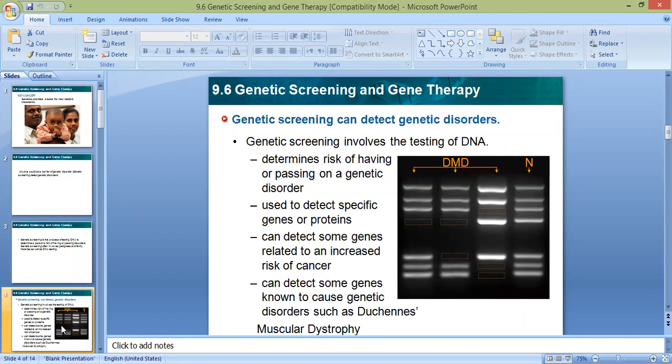It involves testing of DNA by using electrophoresis. It determines the risk of having or passing genetic disorders and is used to detect specific genes or proteins. They can detect some genes related to an increased risk of cancer or other disorders like Duchenne muscular dystrophy.